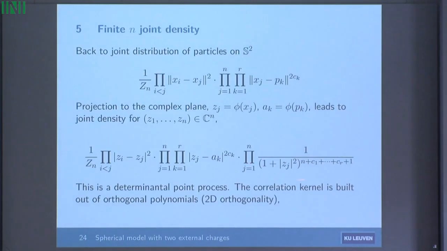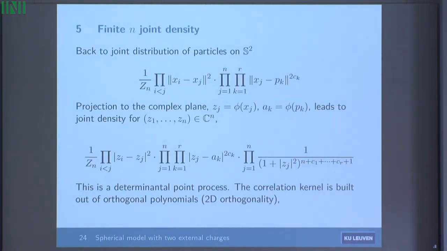This is the part that comes from the change of variables going from the sphere to the plane. This spherical measure translates into this one. And this is a determinantal point process on the plane. I told you there is a kernel here, and in this form it's built out of orthogonal polynomials.